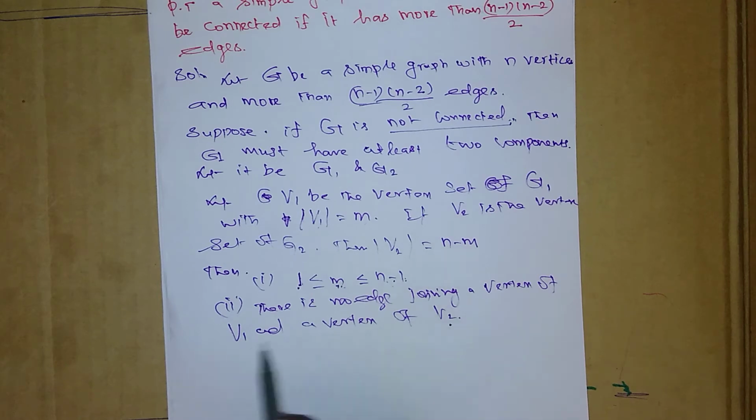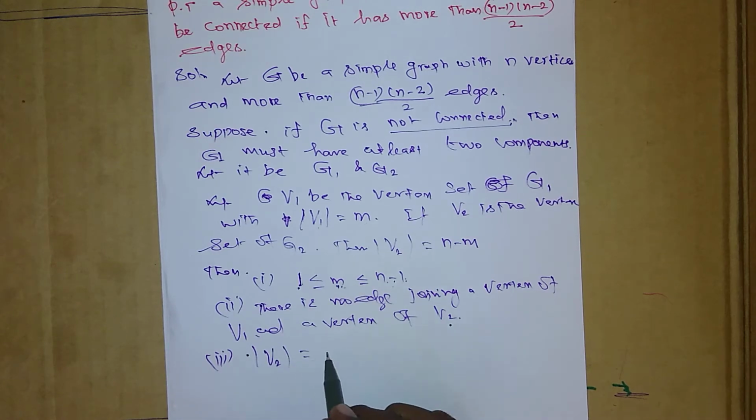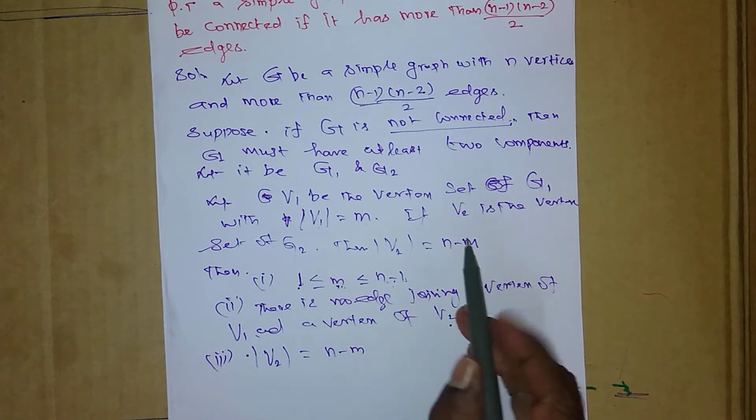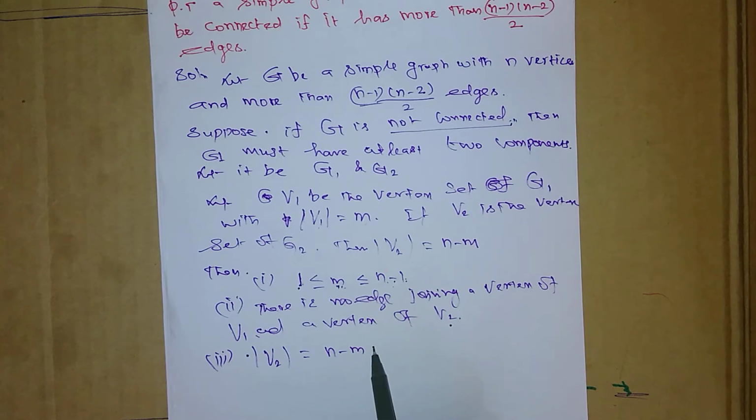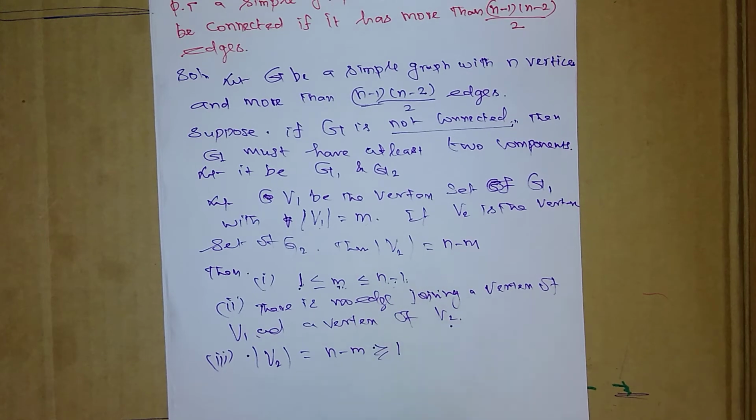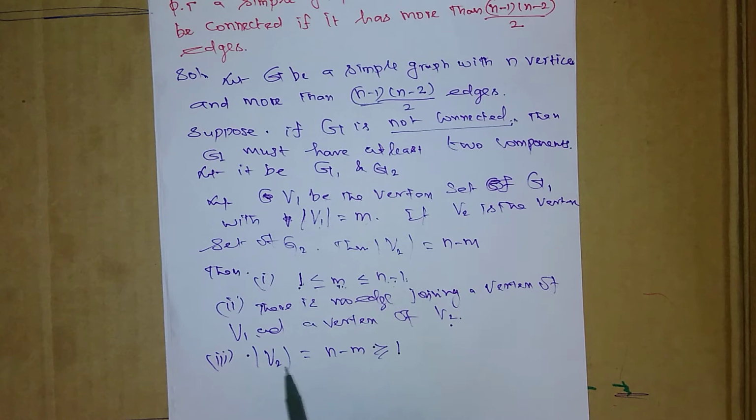Therefore, there is no edge between V1 and V2. That is the second condition. And the third condition is cardinality of V2 is equal to n minus m, which must be greater than or equal to 1. At least one vertex in V2, and the remaining vertices in V1. That is the third condition.